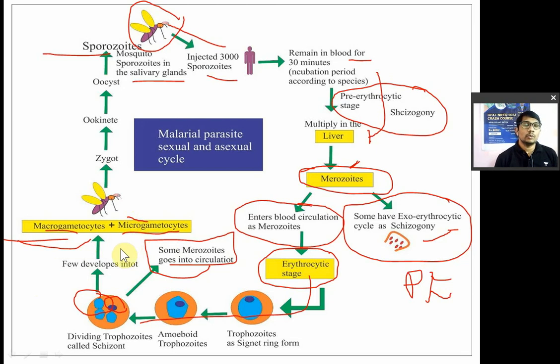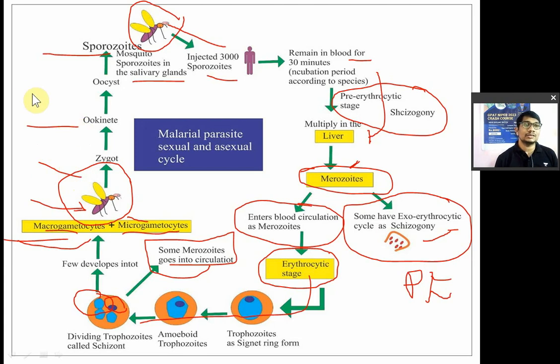Okay. Now whenever another mosquito bites you and sucks blood from your body, at that time these gametes will enter the GIT of the mosquito. Now there will be fertilization of these female and male gametes. There is a formation of zygote, and after that there is ookinete formation.